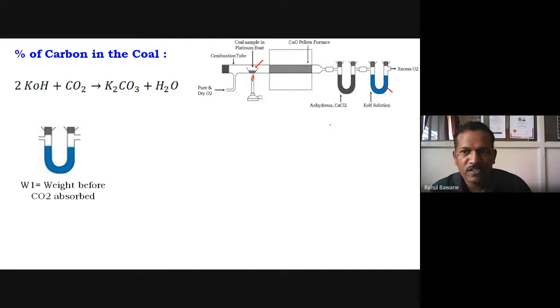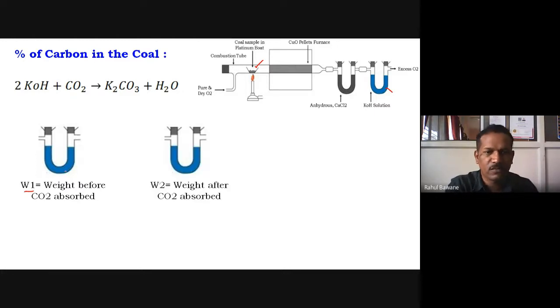Now, before starting the experiment, suppose we check the weight of that U-tube having the KOH solution, and that weight is W1. After complete experimentation, when CO2 gets absorbed in this KOH solution, we again weigh that U-tube, and we found that the weight is increased and now the weight is W2.